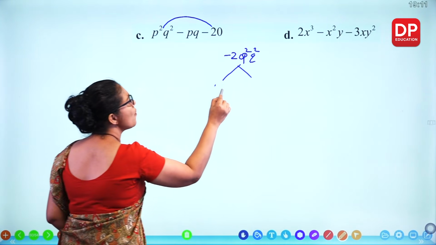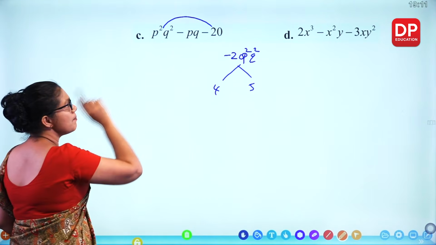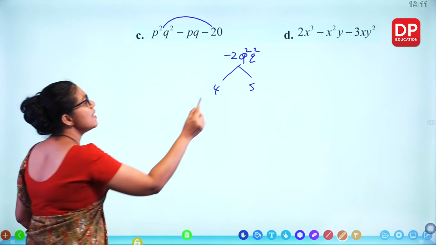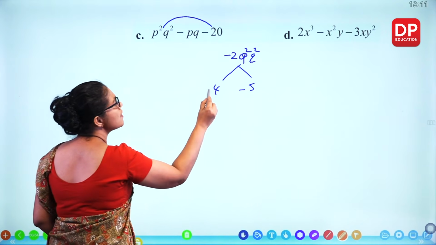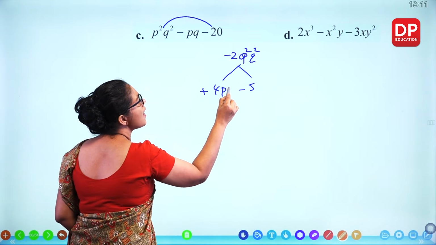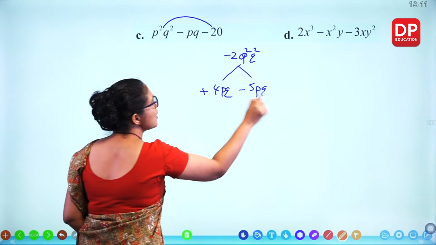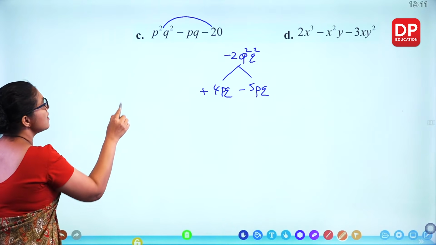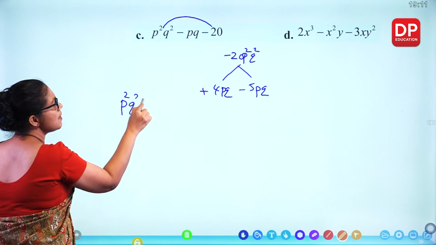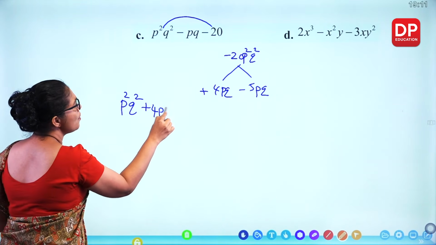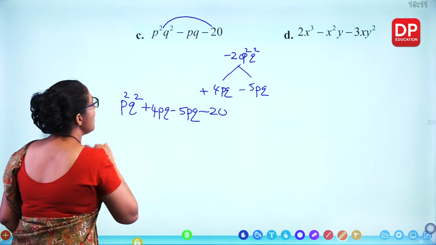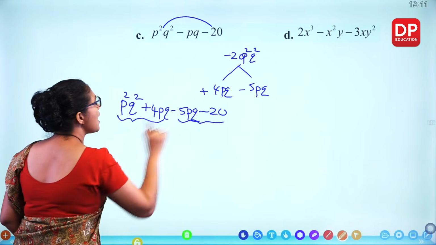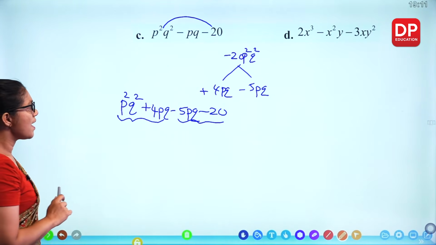We can write 4 and 5. But middle term is negative, means the larger number should be negative. So this is plus. So we can write pq for that, and splitting the middle term as plus 4pq and minus 5pq, and then take 2 at a time and try to factorize.